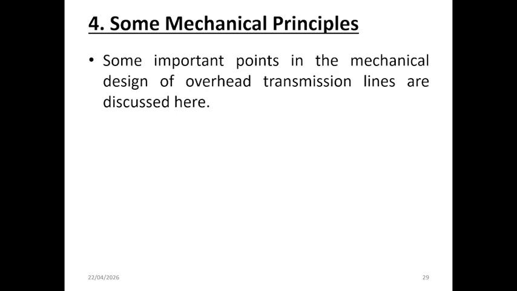It also involves understanding the relationship between tension and sag, as well as how temperature variations can cause expansion or contraction of the conductor. Additionally, external influences such as wind and ice must be incorporated into the design to prevent excessive mechanical stress.